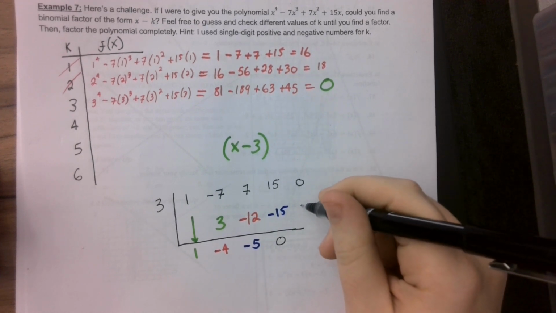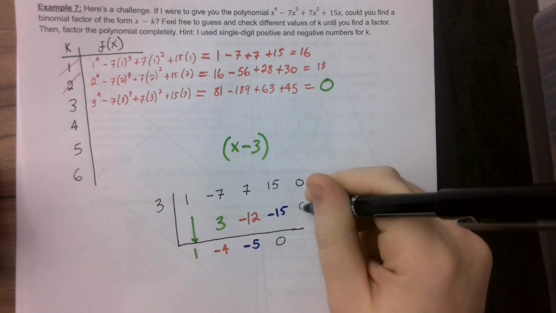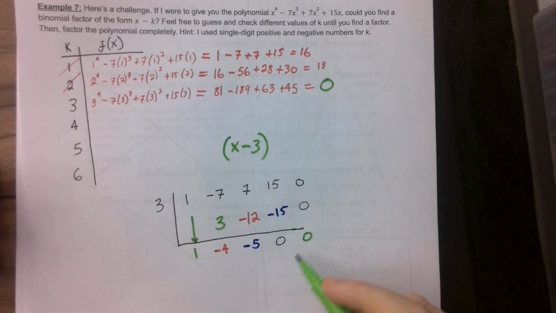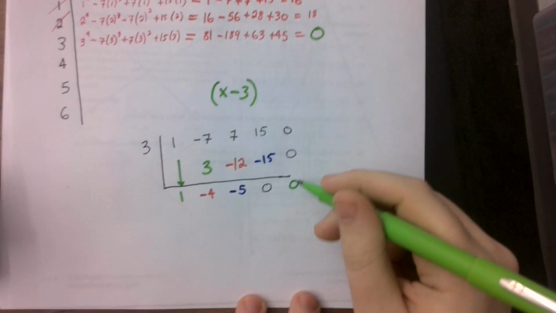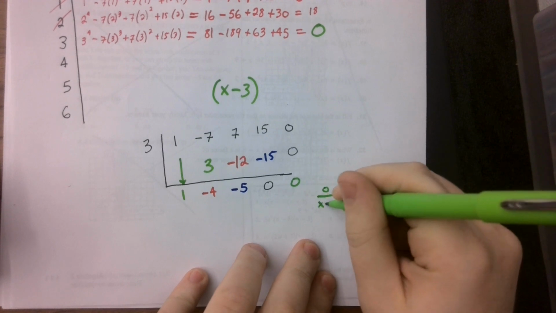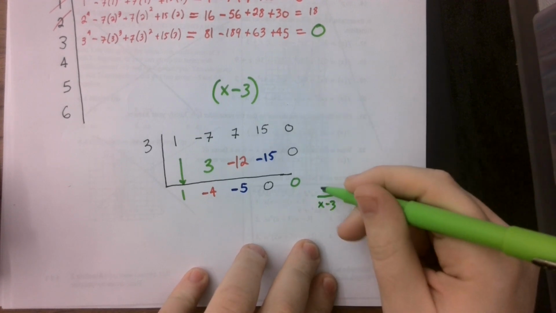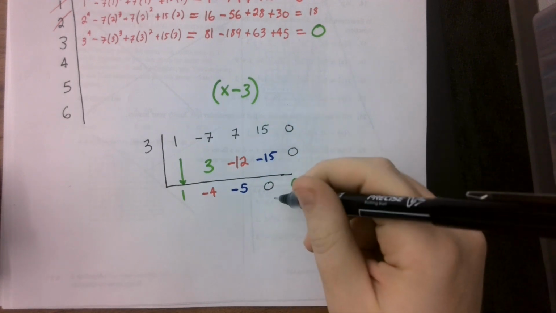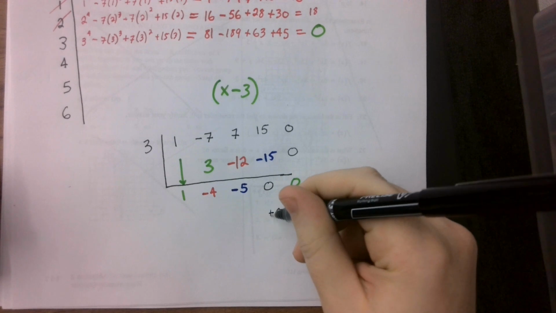So we actually end up with 3 times 0 is 0. 0 plus 0 is 0. We end up with no remainder. Remember that the last number in synthetic division is the remainder. We could write it as 0 over x minus 3, but 0 divided by anything is 0. So we can just write out the rest of this polynomial. We have a plus 0 at the end.